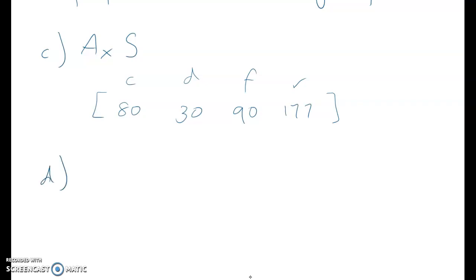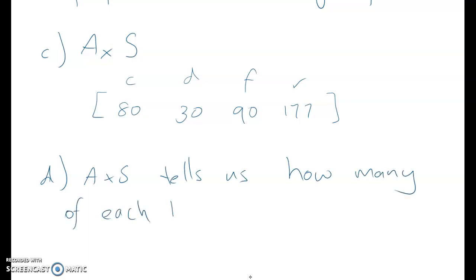What A times S tells us is how many of each type of feral animal was spotted.